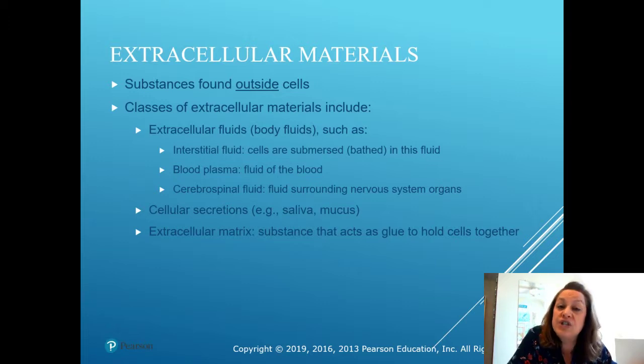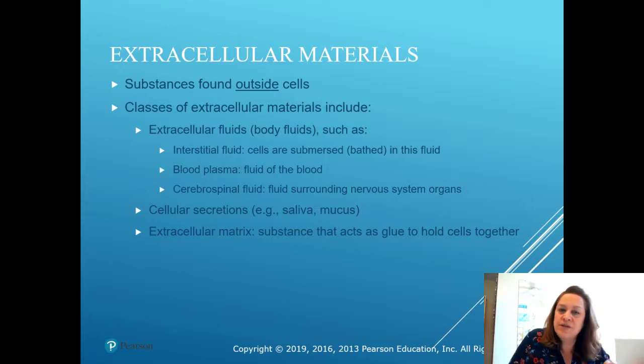We have cellular secretions. Some of our cells produce things, saliva in the mouth, mucus. And then we have what's called the extracellular matrix, and there's sort of a sticky substance that holds the cells together, has some fibers inside. These are extracellular, outside the cell materials in the body that help to make up a whole organism.